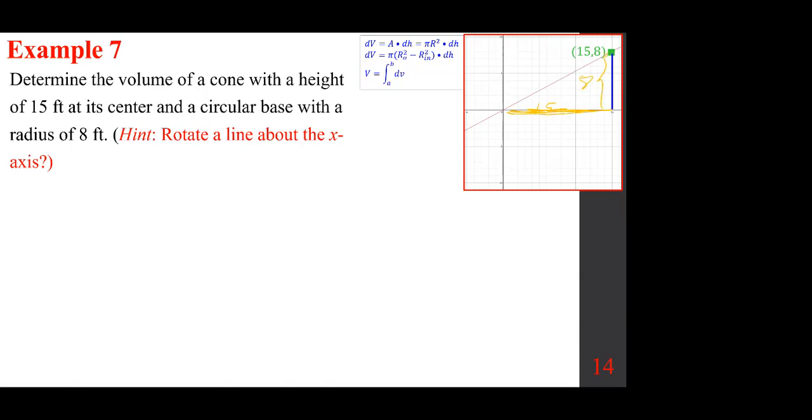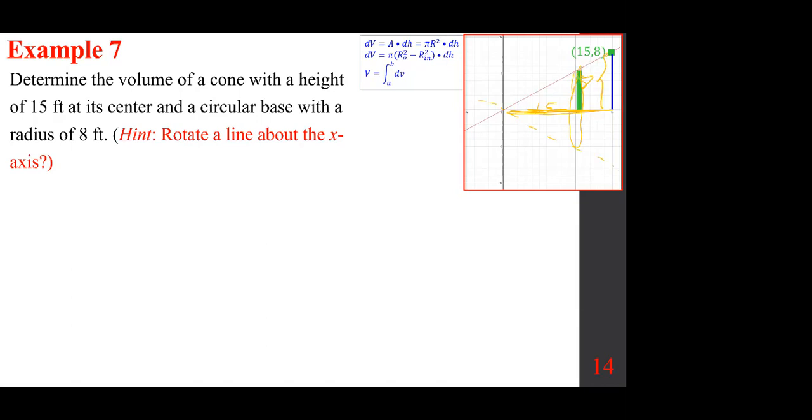And this is a typical vertical strip if we revolve this about the x-axis. It gives us this disk. And when we revolve this, ultimately it creates a cone.